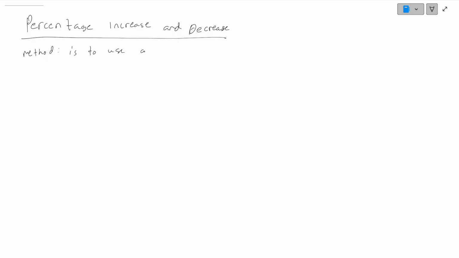We then go into percentage increase and decrease. And the method for this is to use a single multiplier, where the original amount is always 100%.